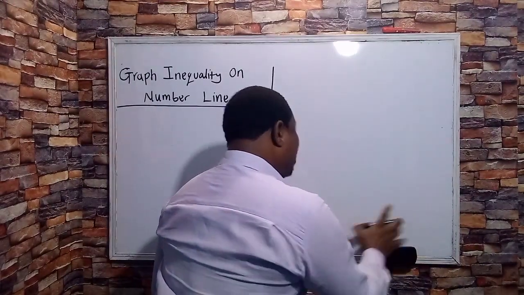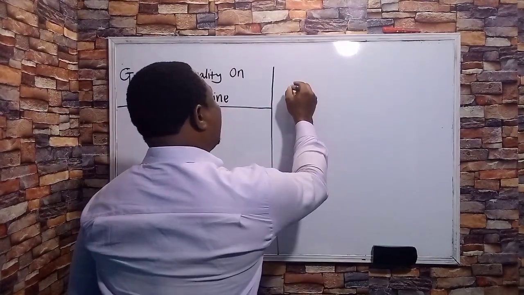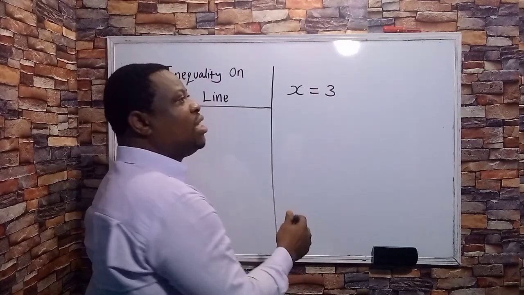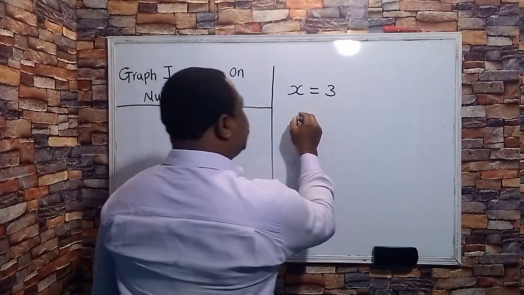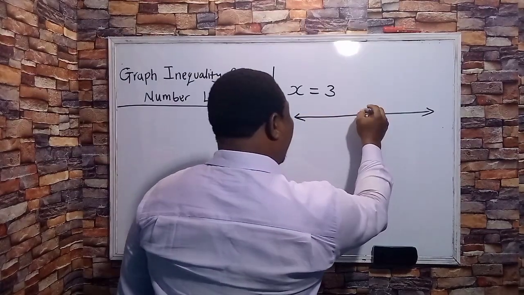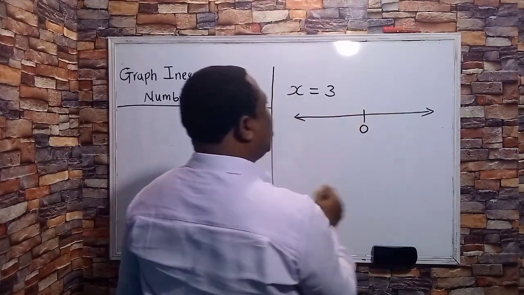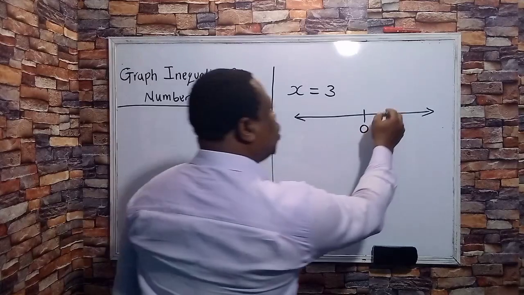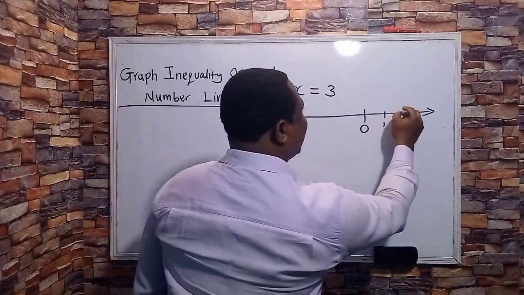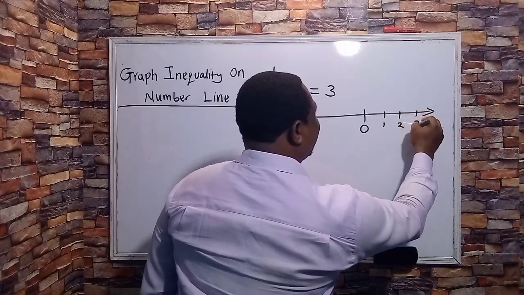In a normal equation, if I say x is equal to 3, x is exactly 3. So on a number line, you can replace 3. And you know that in a number line, in directed numbers, the 0 is in the middle, then your positive is to the right of 0, which is 1, 2, 3.